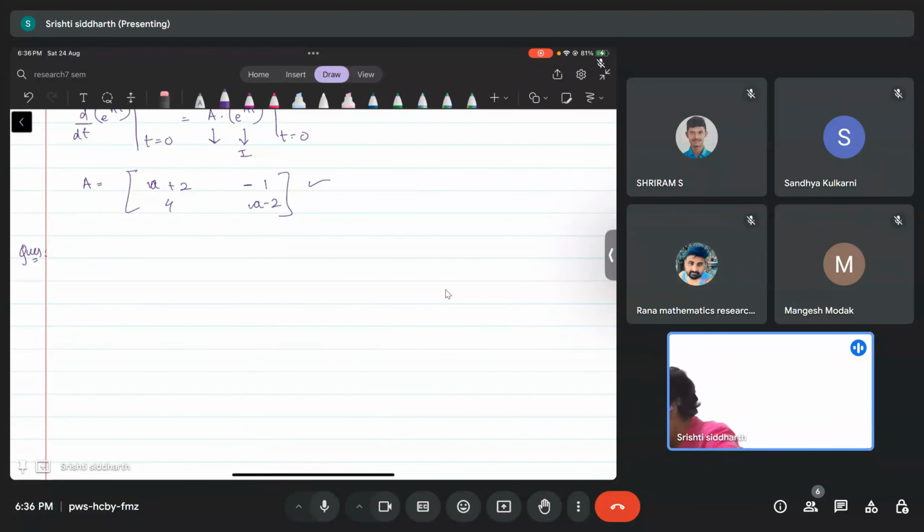Okay. So it's given that phi t or e to the power At is given by this expression.